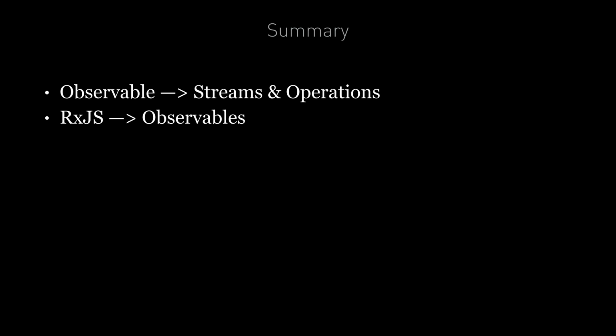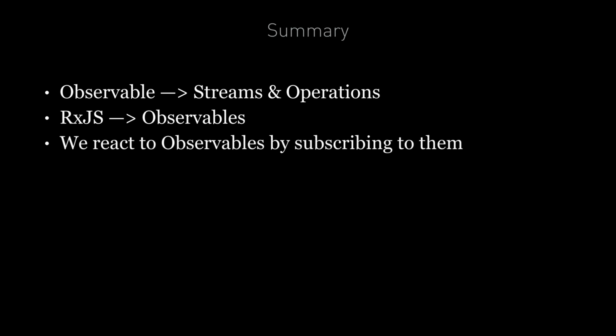To summarize, observables are a blueprint for creating streams and plumbing them together with operators to create observable chains. RxJS is a library that lets us create and work with observables. We can subscribe to an observable chain and get a callback every time something is pushed onto the last stream.